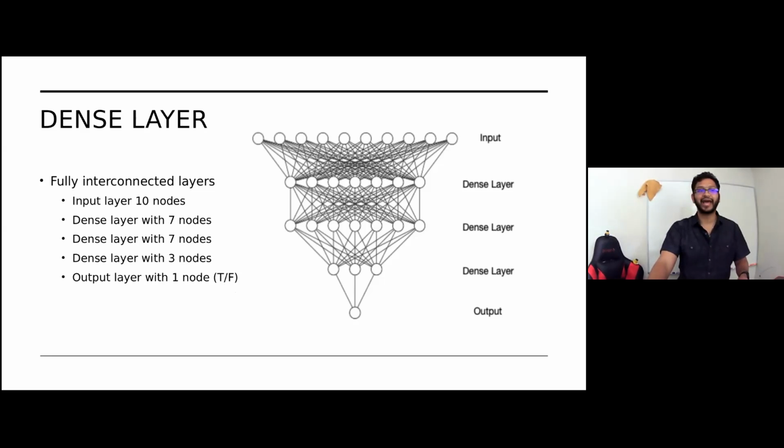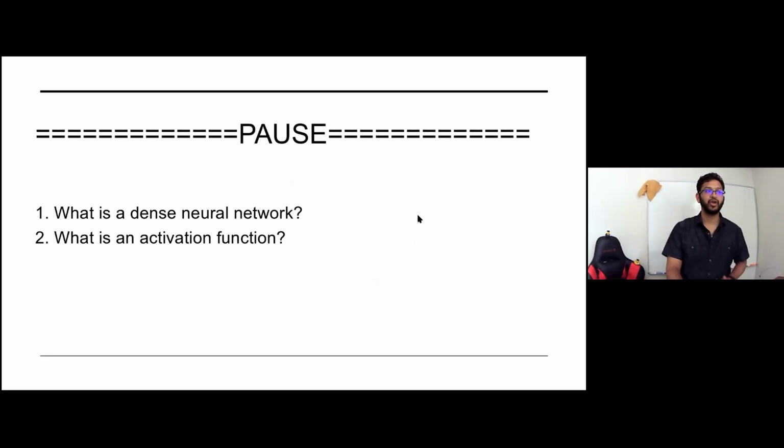Nice. So now moving forward, I'm going to ask 2 questions and then we'll do a coded example. You ready? The first question, what is a dense neural network? That's right, it's a network of fully connected layers. The next thing is an activation function. I'll start you guys off.